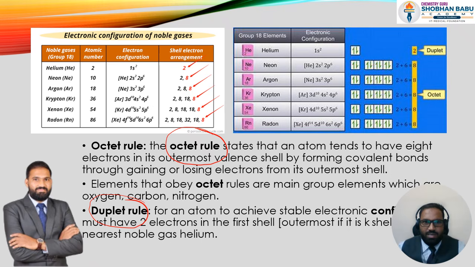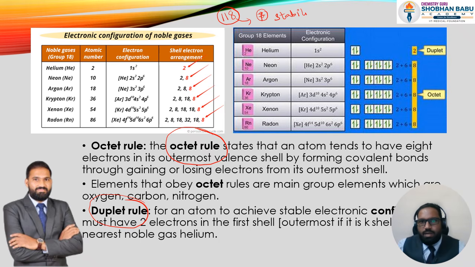We know that there are 118 elements in the entire periodic table till now. Among them, there are 7 elements which have the highest stability.